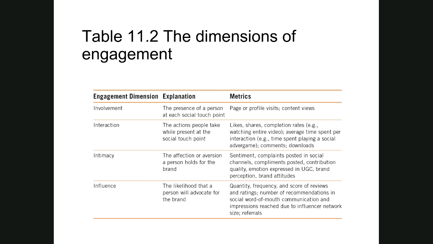Somebody used it, and let's say they have a lot of followers on TikTok, and they made a TikTok about using our weed eater, and they keep making them, and they like it. So that's the 4 engagement dimensions that the authors talk about, from involvement to influence.